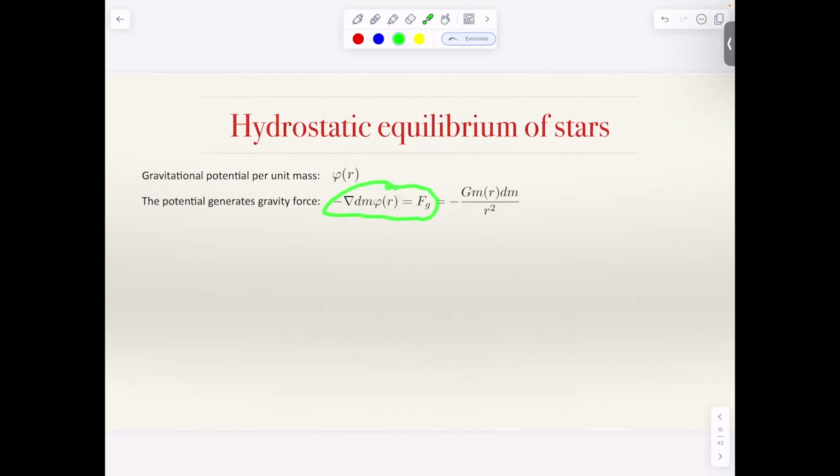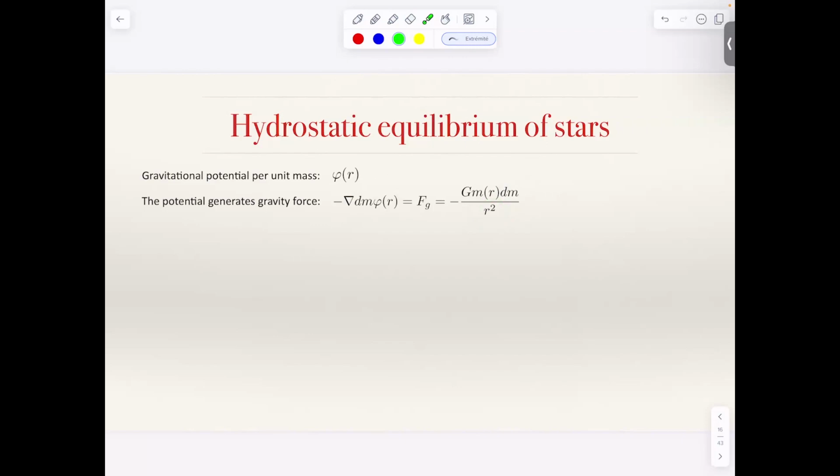And the gravity force, as you remember, is a product of the mass. So it is a force that exerts on this unit volume. I take the mass, the included mass inside for coordinate r times my unit mass, dm, and it is a force, so it goes like 1 over r squared, and it is directed toward the center.